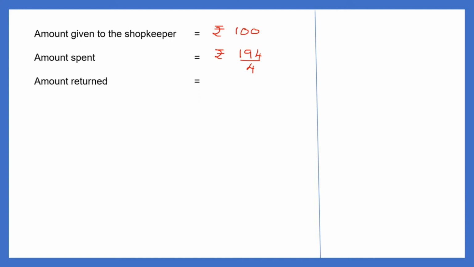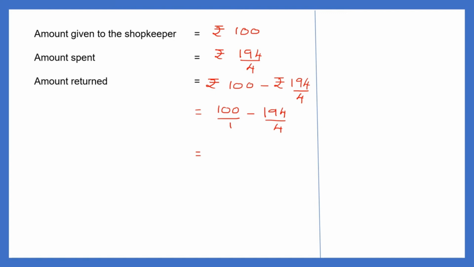Now we gave 100 rupees to the shopkeeper and we spent so much. Now how much should the shopkeeper return? We need to subtract 100 minus rupees 194 by 4. So first let's make this a fraction. 100 by 1 minus 194 by 4.